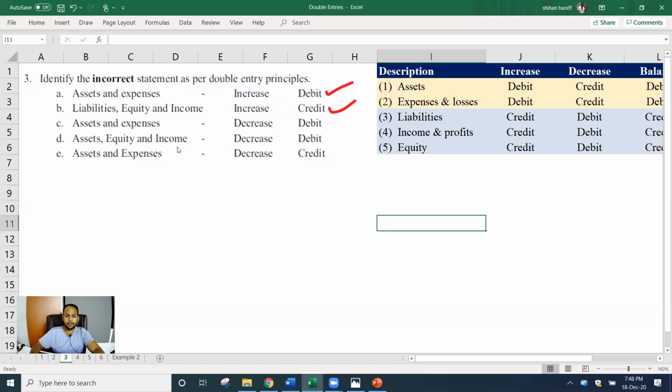Third one, assets and expenses decrease should be credit, not debit. So the third one is wrong. Fourth one, assets, equity, and income decrease debit, that is wrong. So C and D are wrong.